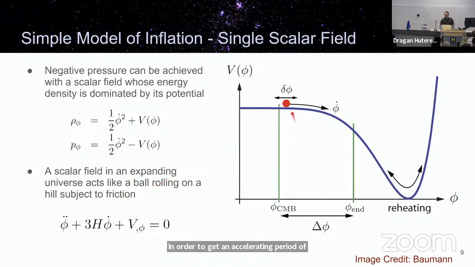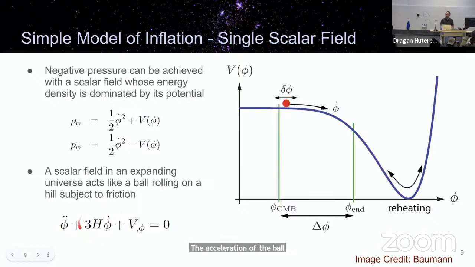Now, the equations of motion of the scalar field are governed by classical field theory, though you can think about almost everything to do with scalar fields rolling in a potential as just like a ball rolling down a hill, subject to a friction term. The equation of motion is shown here. Phi double dot, which you can think of as x double dot, the acceleration of the ball horizontally, plus 3H phi dot.